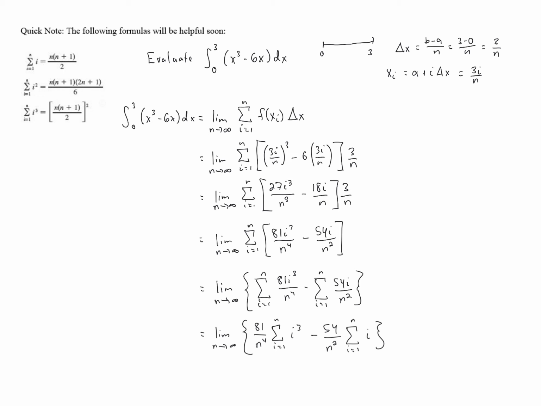All right. I imagine this step might be a little scary for some of you. I'm going to try and explain it once more. When we have a sum based off of sigma notation, we are adding together a whole bunch of terms. And the only thing that changes between those terms is the value of i. In the first term, i is 1. In the next term, i is 2. In the next term, i is 3, etc. All of those terms are going to contain an 81 over n to the 4th.